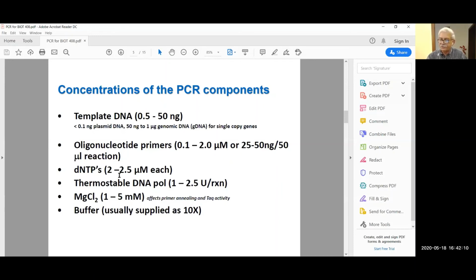We need dNTPs together. So we take 25 microliter from each tube and pool that in one tube. What would be the total volume now in a single tube? 100 microliter.